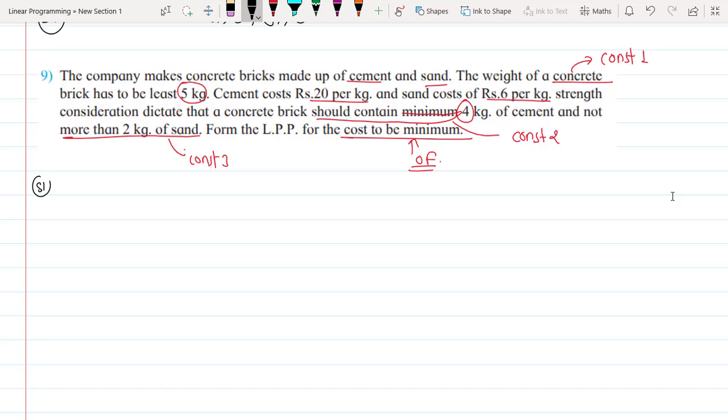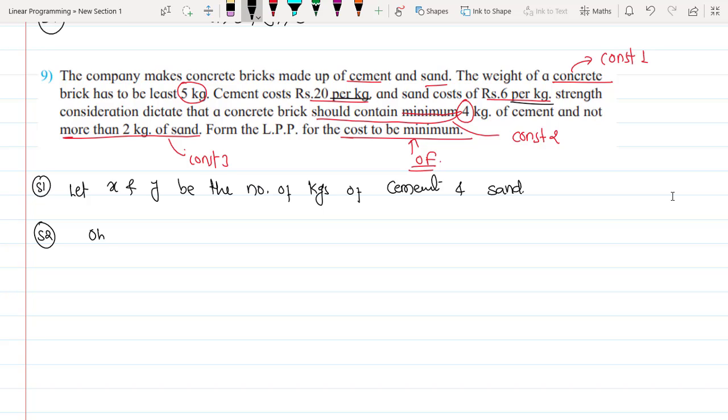First step is what? Write down the decision variables. It says kg, so that becomes our decision variables. So let x and y be the number of kgs of cement and sand. Step number 2 is what?